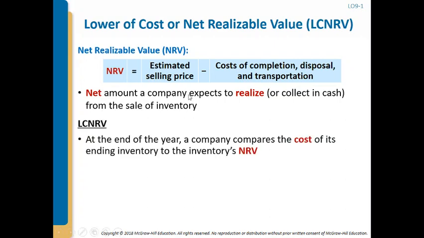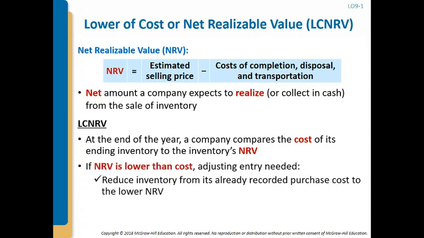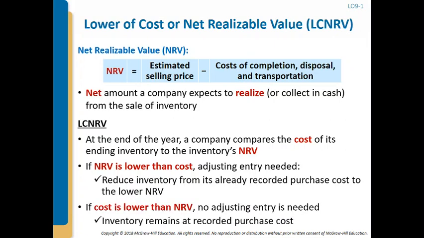At the end of the year, the company compares the cost of its ending inventory to its inventory's net realizable value. Before we get to the options, if the net realizable value is lower than cost, the adjusting entry is needed. You reduce inventory from its already recorded cost to the lower net realizable value.